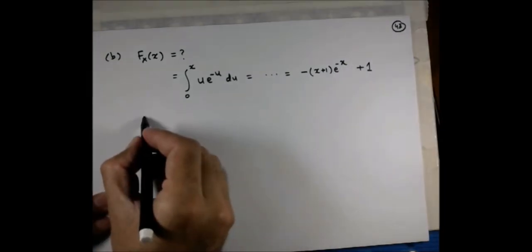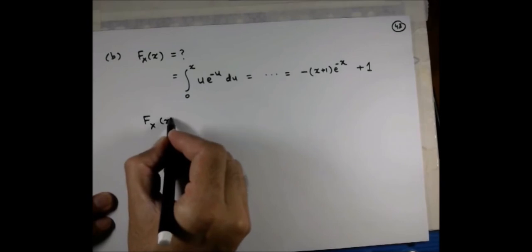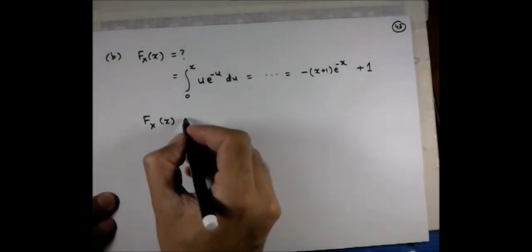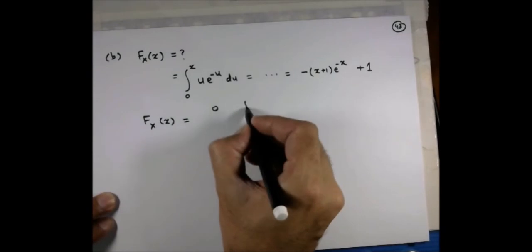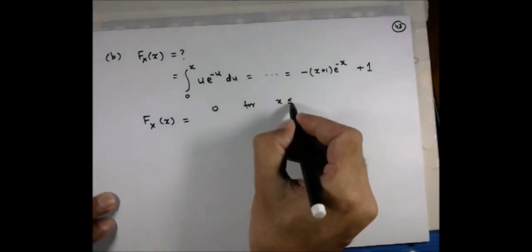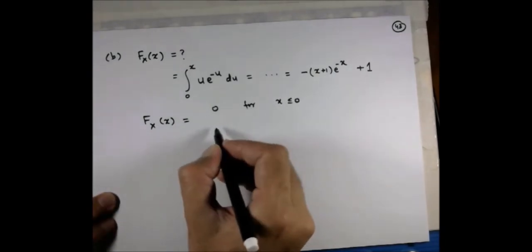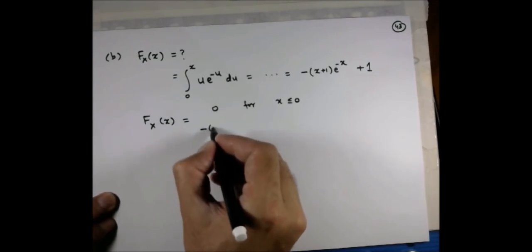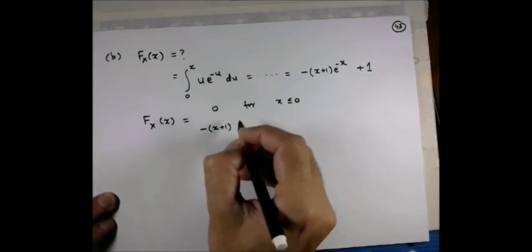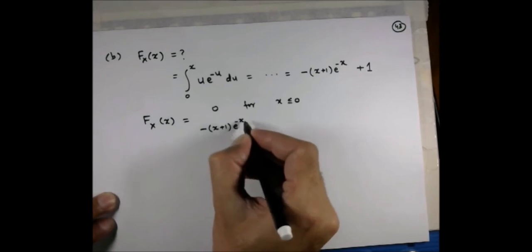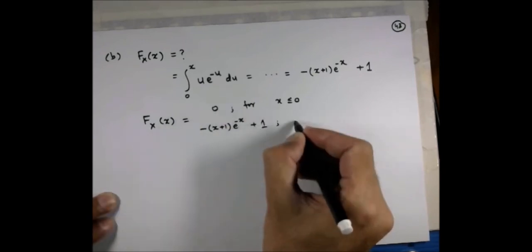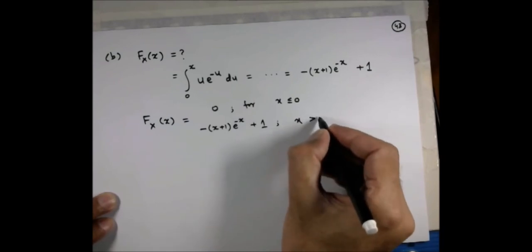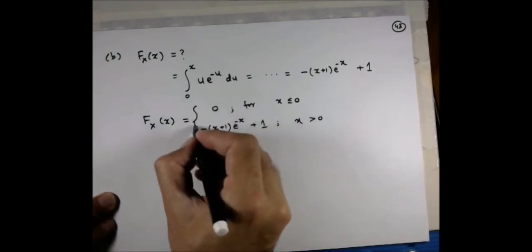So your ultimate final CDF expression becomes: CDF is equal to 0 for x less than or equal to 0, and it is equal to minus times x plus 1 e raised to power minus x, then we add 1 here, for x greater than 0.